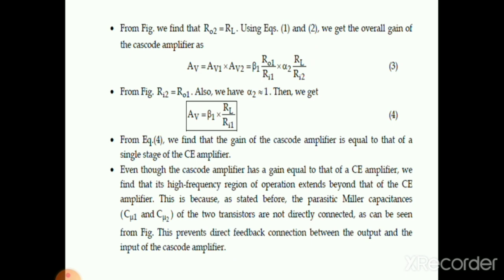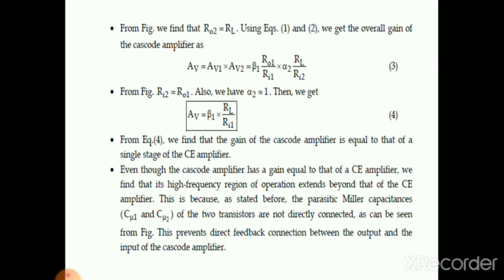Using equations 1 and 2, we get the overall gain of the cascode amplifier as AV is equal to AV1 into AV2, that is equal to beta 1 into RO1 by RI1 into alpha 2 RL by RI2. From the figure, RI2 is equal to R output 1. Also alpha 2 is nearly equal to 1.